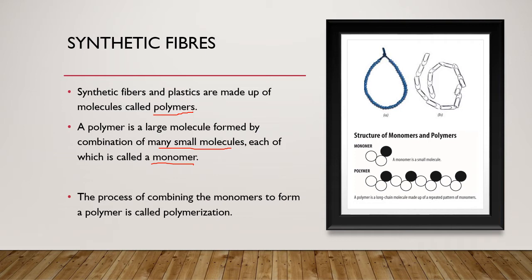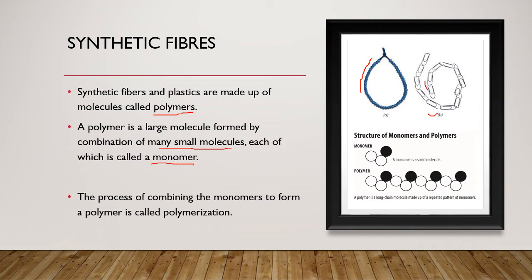When monomers join together, they form a chain structure, and this complete chain structure is called a polymer. You can understand this with the help of this chain of pins. Each pin joins to each other and forms a big chain which forms a polymer.